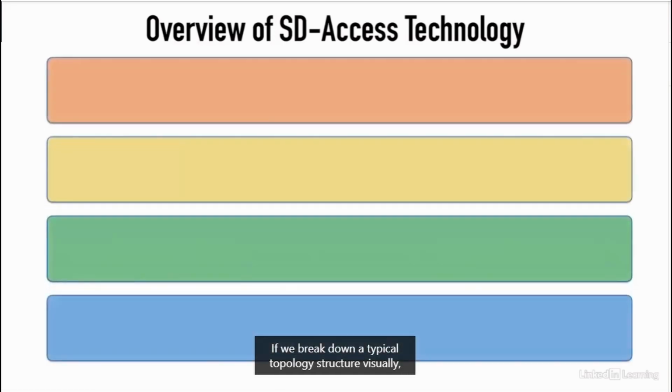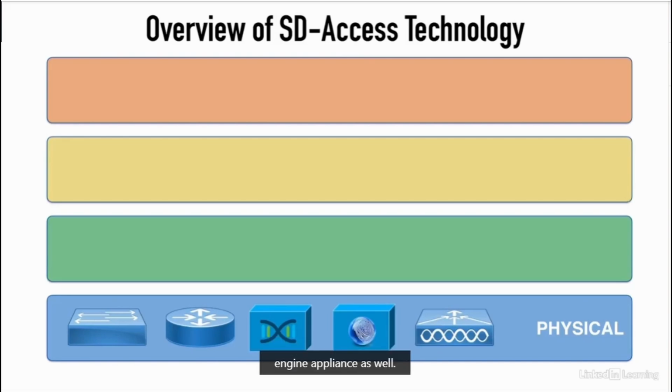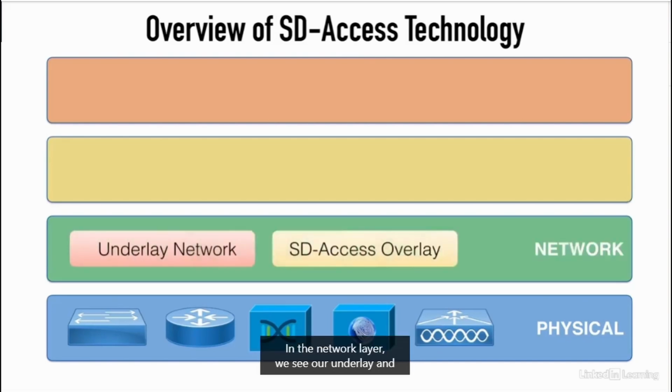If we break down a typical topology structure visually, we'll see four distinct layers in SD Access architecture. We can see that the physical layer is, of course, our actual infrastructure devices: routers, switches, our wireless infrastructure, a DNA Center appliance, and a Cisco Identity Services Engine appliance as well. In the network layer, we see our underlay and overlay networks.